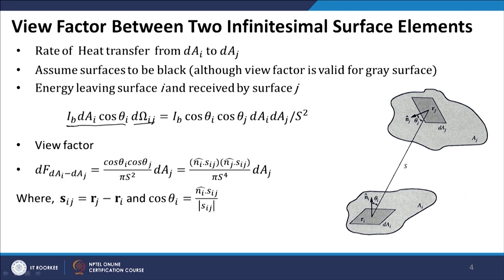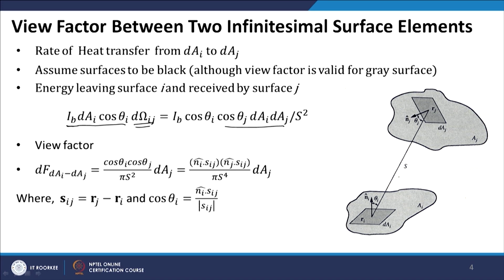We can write the value of solid angle as IB cos theta j dAj upon s square. So, what we have done is we have written the solid angle in terms of angle theta j. So, d omega ij is basically given by cos theta j dAj upon s square, that is the projected area along the direction Sij.